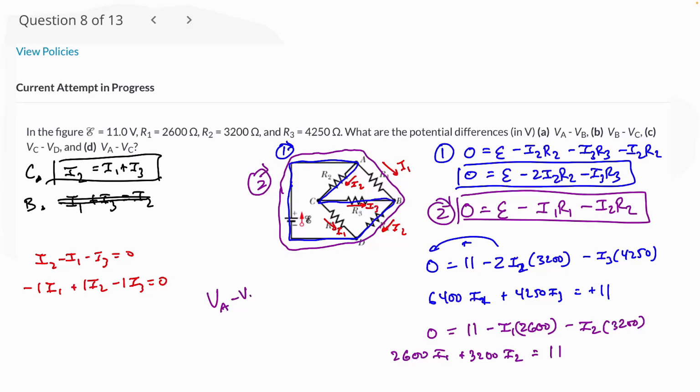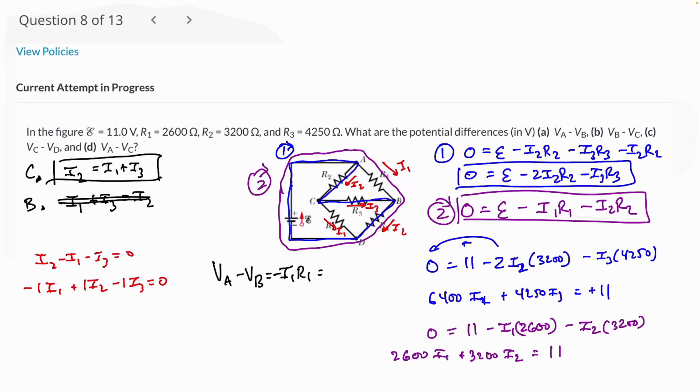VA minus VB, let's do this in black, is going to be I1 times R1. How do I know it's I1 times R1? If I look from here to here, this is the only element between those two points, right? So it's going to be whatever that drop is. And it's going to be negative I1 R1.